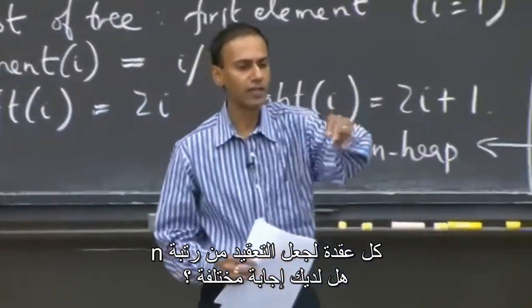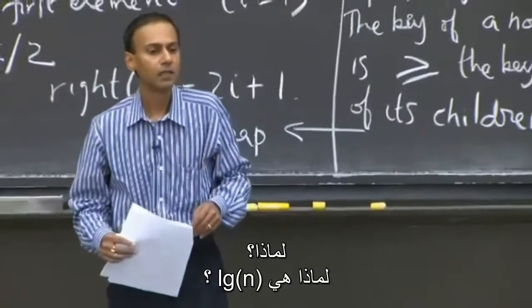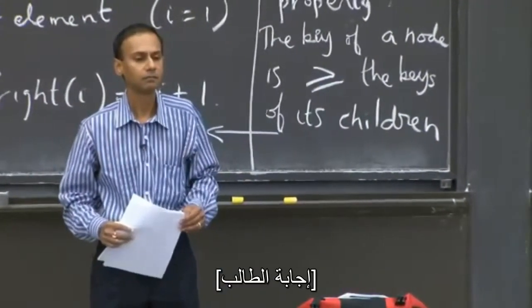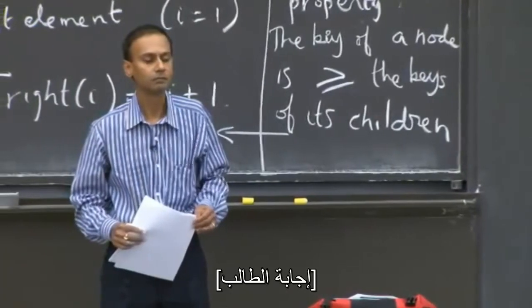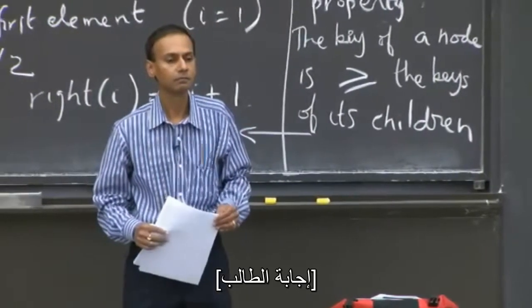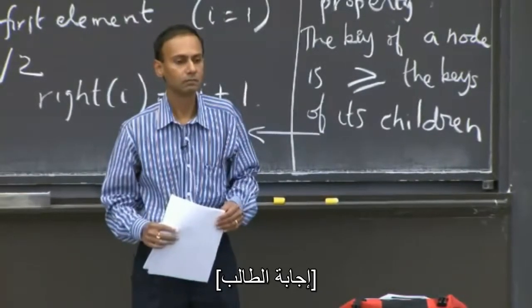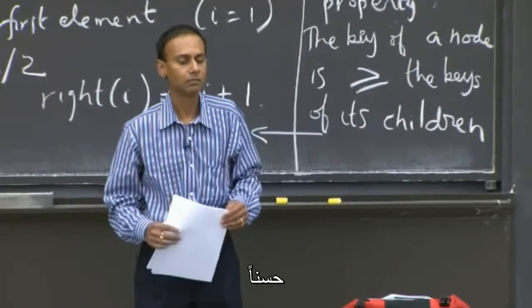Anybody agree? You have a different answer? Log n. Why is it log n? Because in the worst case scenario, you'll have 2n over 3 nodes on the left-hand side and n over 3 on the right-hand side. It will be skewed.